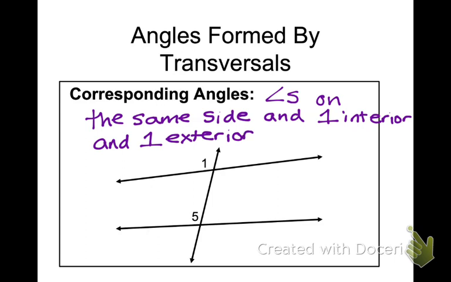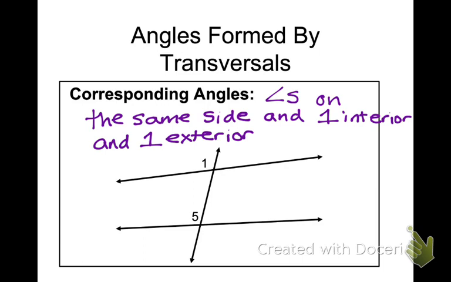So we kind of call that corresponding positions. Here I have labeled 1 and 5. Notice 1 and 5: 1 is on the exterior, 5 is in the interior, but they're on the same side of the transversal. Those would be an example of corresponding angles.